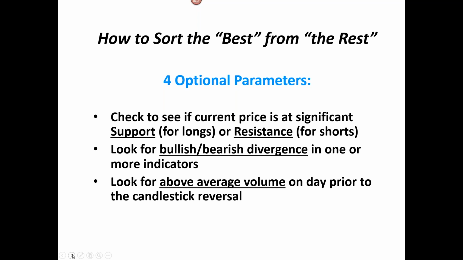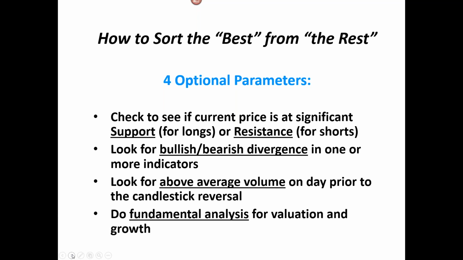We want that panic selling to factor in, because if everybody has sold, then there's nobody left to sell the next day, right? Only the buyers are left. And so the high volume sell-off day followed by a reversal day, a green candle, is a good sign for a fast snapback.